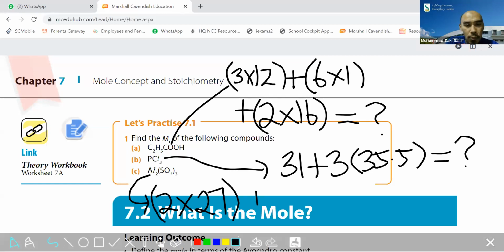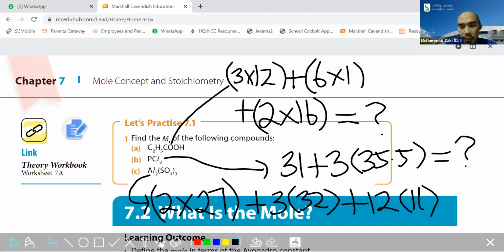Sulfur is 32. There are 3 sulfur, 3 times 32. Oxygen, there are 12 oxygen, and oxygen mass is 16. So you get the answer. Sorry, I put a bracket just now. It should be 3 times 32, 12 times 16.